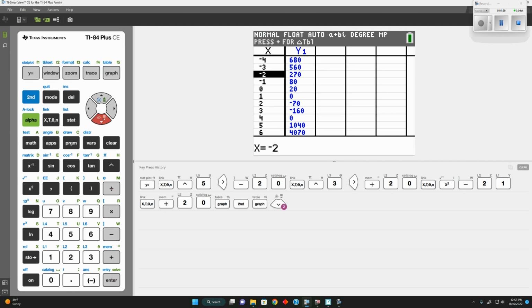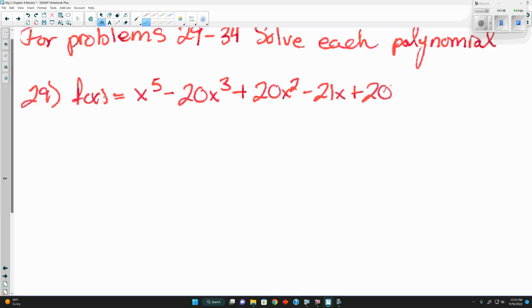So we have -5, 1, and 4. At those x values, the y value is 0. -5, 1, and 4. So we did find 3 values.